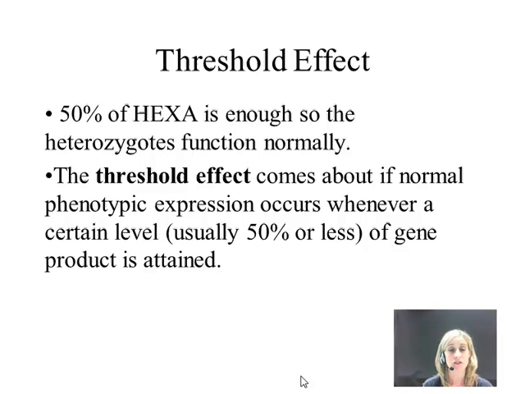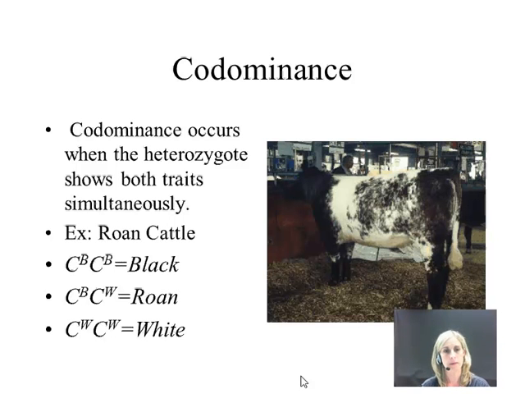Okay, so now that you have written about the threshold effect and reflected on that a little bit, let's move on to codominance. It's very similar to incomplete dominance, because, again, it's not like one allele dominates over the other. But the difference with codominance is both traits are shown at the exact same time.